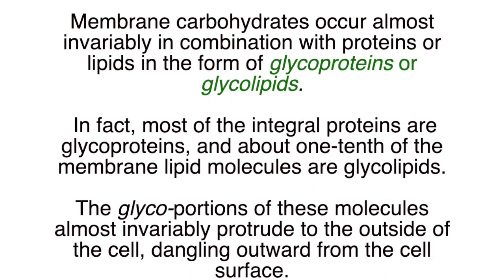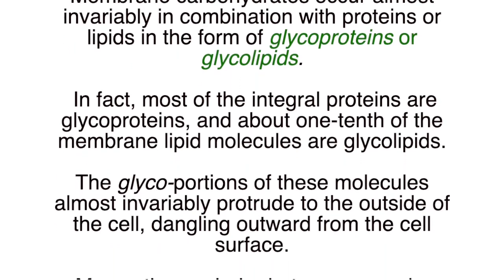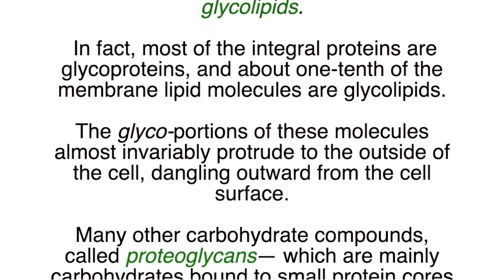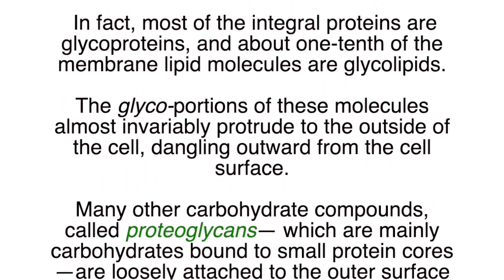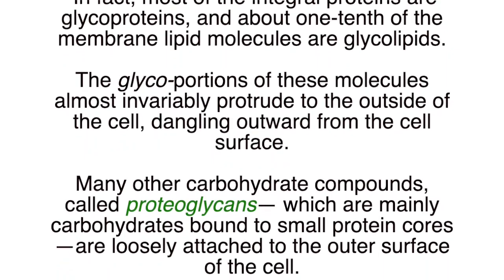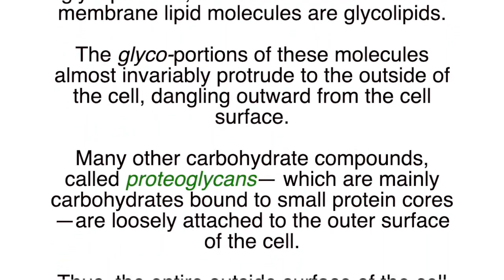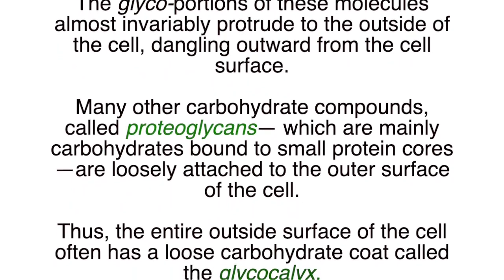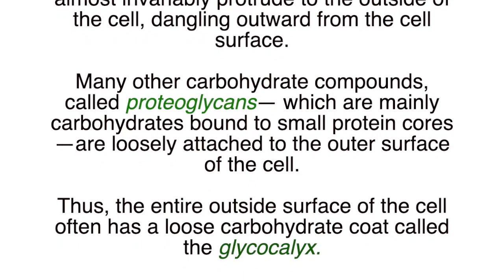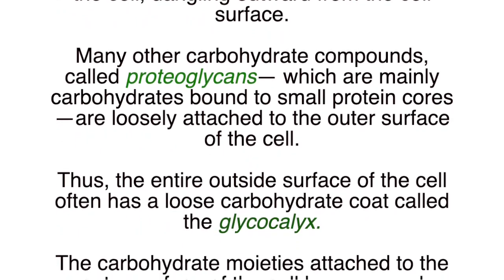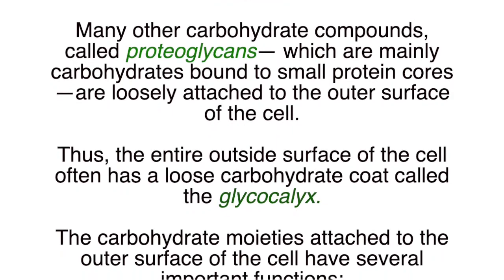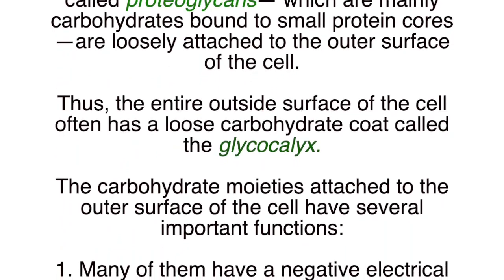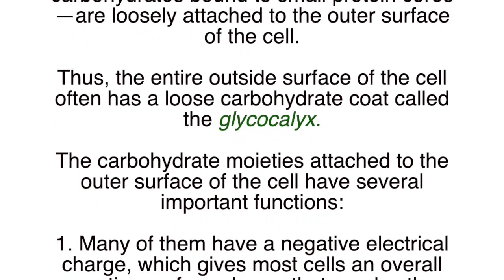The glyco portions of these molecules almost invariably protrude to the outside of the cell, dangling outward from the cell surface. Many other carbohydrate compounds called proteoglycans, which are mainly carbohydrates bound to small protein cores, are loosely attached to the outer surface of the cell. Thus, the entire outside surface of the cell often has a loose carbohydrate coat called the glycocalyx.